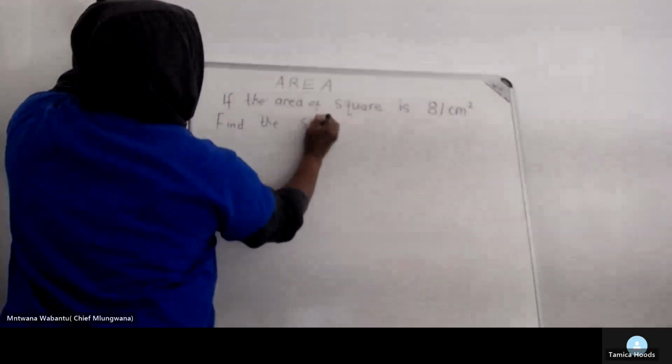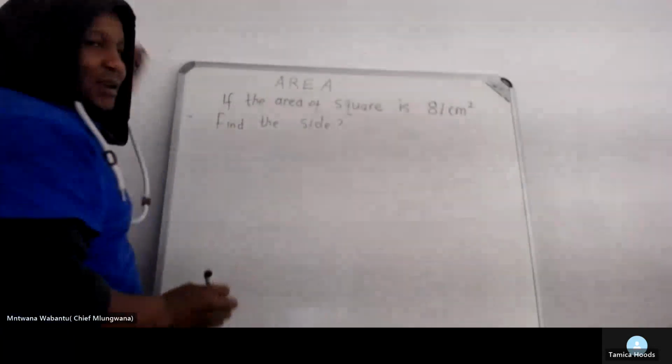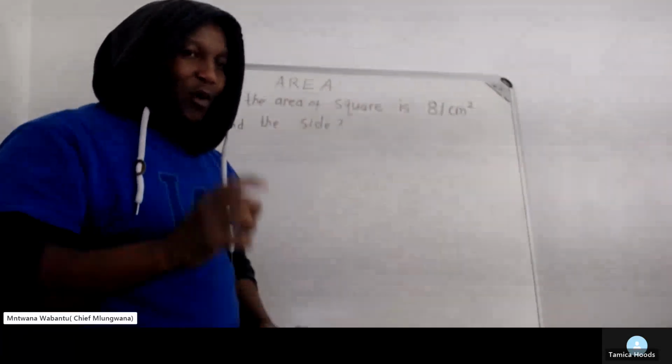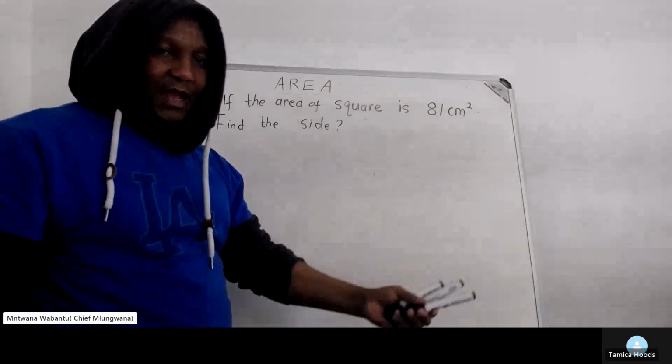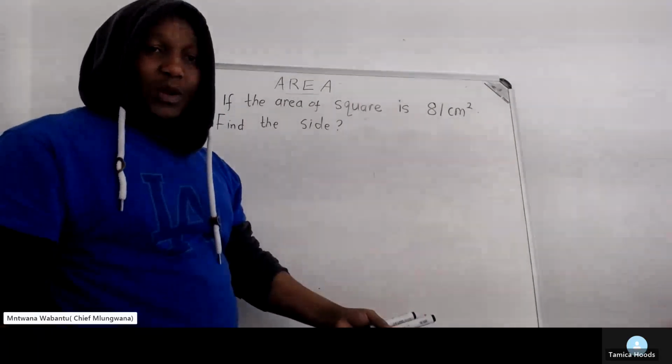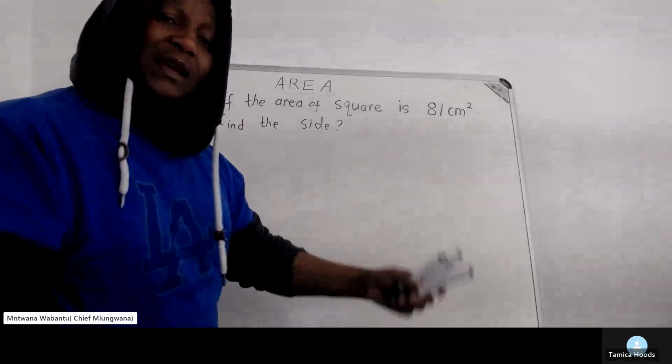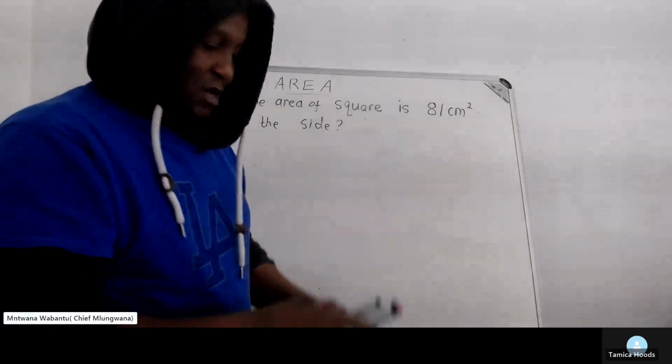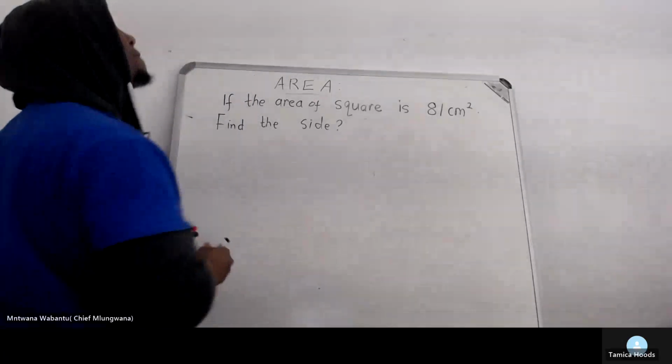Find the side. Okay, so you see now what they did, they give you the area. You understand, Tamika? Now they say find the side. So this is how you're going to be doing it.